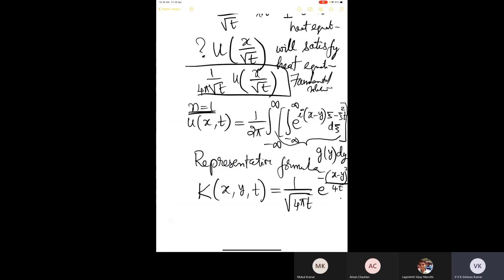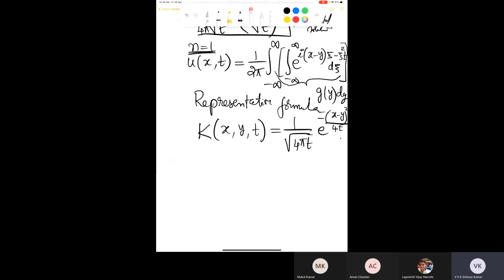Okay, so this is the fundamental solution. See, it is coming in terms of the exponential, with this square root of 4 pi t put together. This is the fundamental solution, and this K is called the heat kernel.